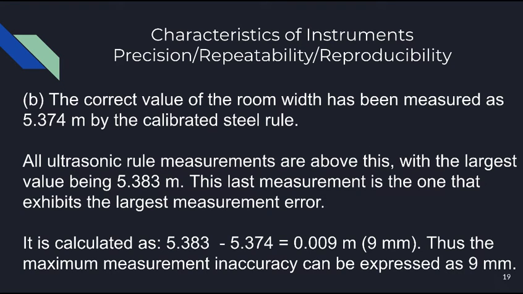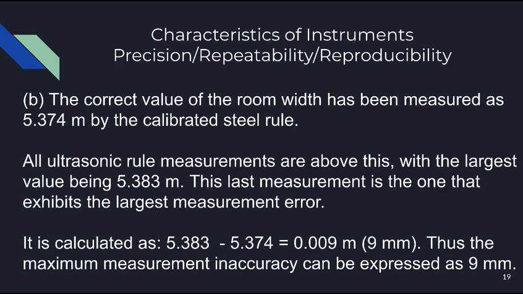The correct value of the room width has been measured as 5.374 meters by the calibrated steel rule. All ultrasonic rule measurements are above this, with the largest value being 5.383. The last measurement is the one that exhibits the largest measurement error.